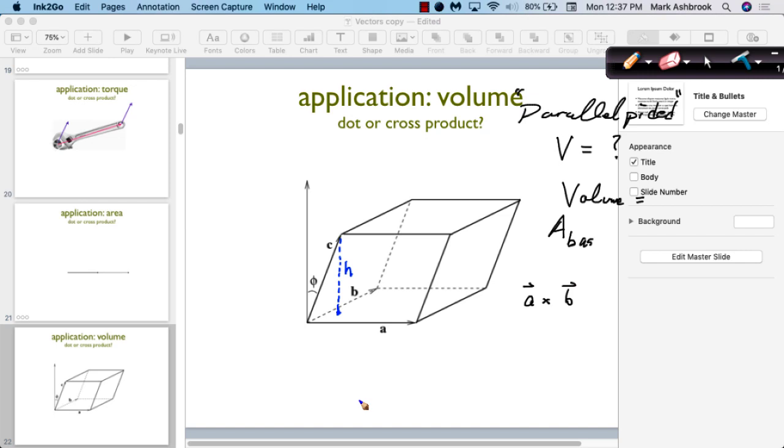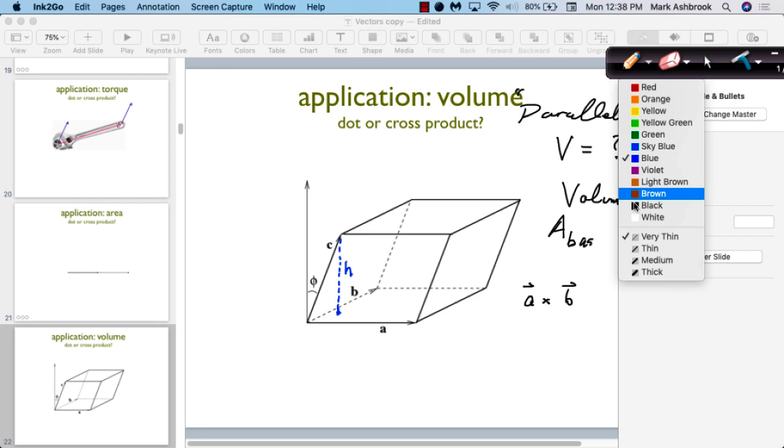Okay, what about from there? And then you're going to want to dot product that with C to find how much C is in that direction of the height. So he's saying how much of C is in the same direction as H. Agree? Because the amount that C is in this direction of H will be the magnitude of H. So A cross B, then what?